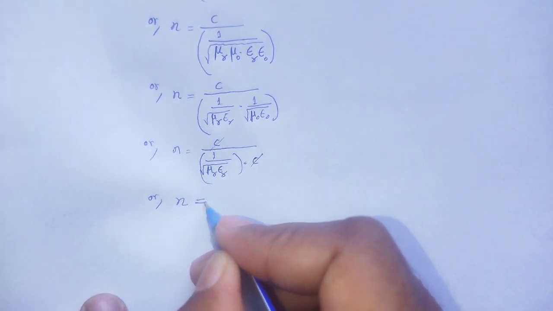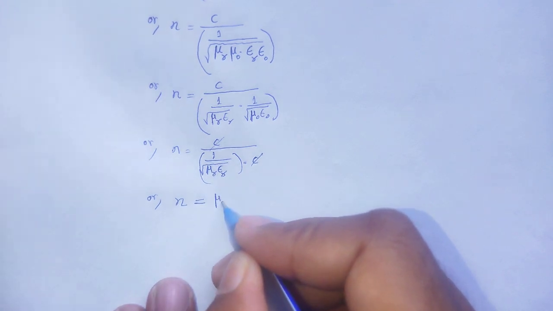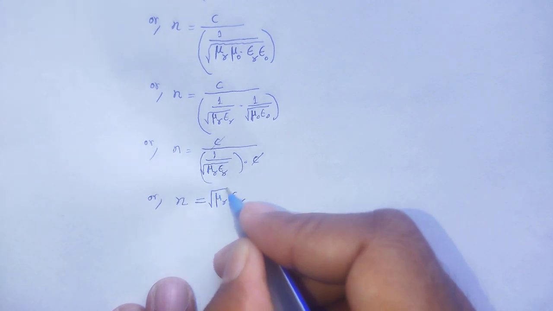The refractive index of an electromagnetic wave in any medium is now equal to under root of mu r epsilon r.